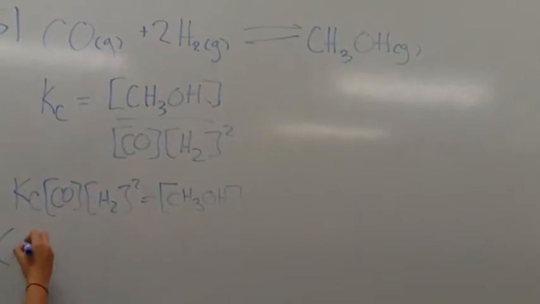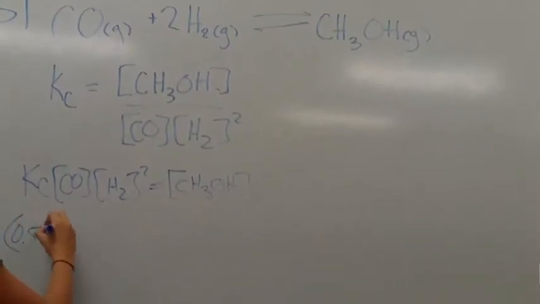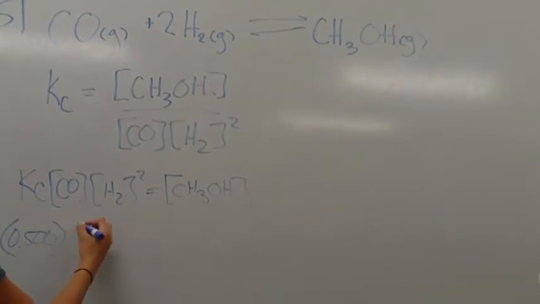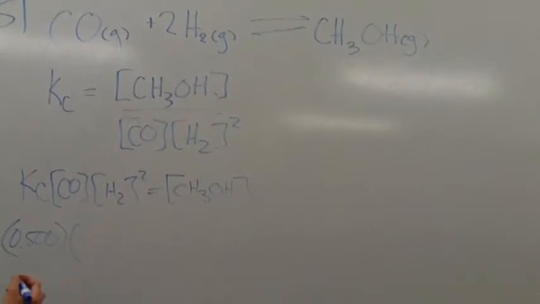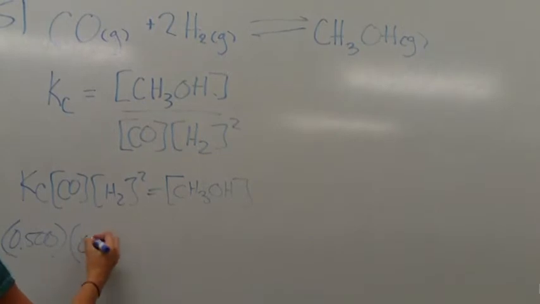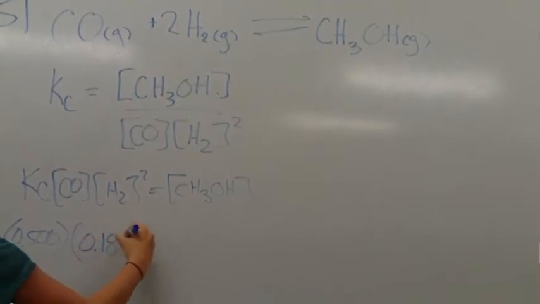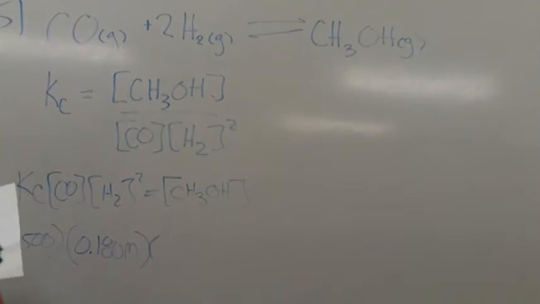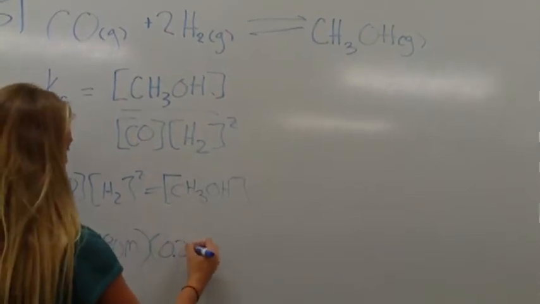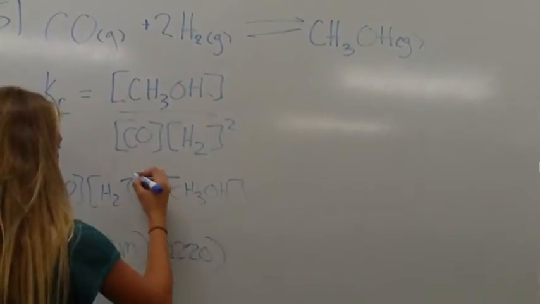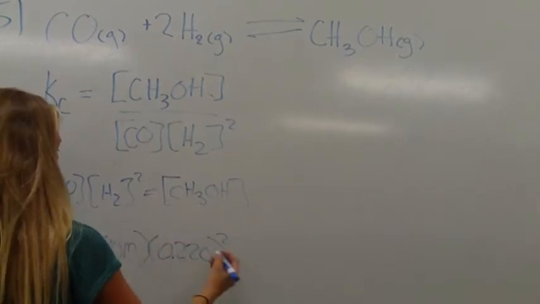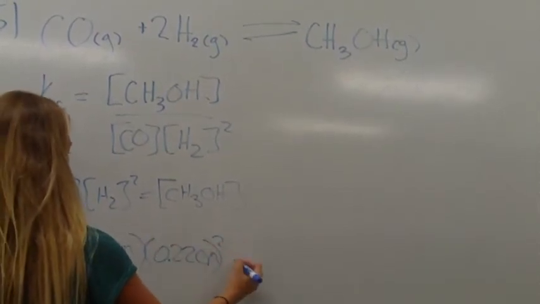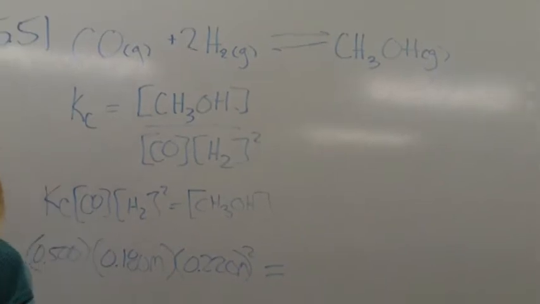So it's 0.5 for Kc, and then 0.18 molar for carbon monoxide, and 0.22 molar squared for hydrogen. And then we plug all that in.